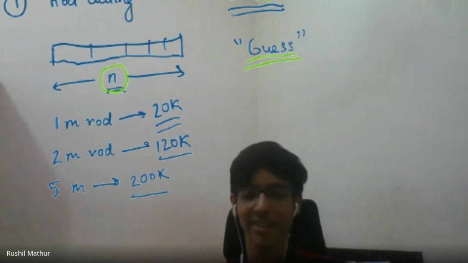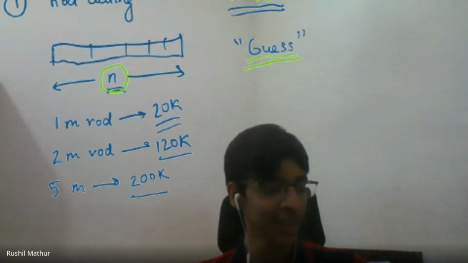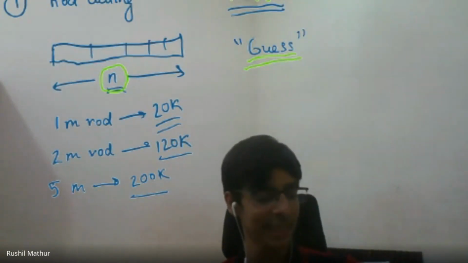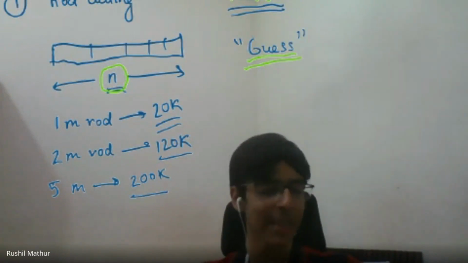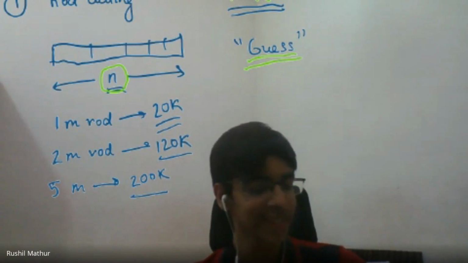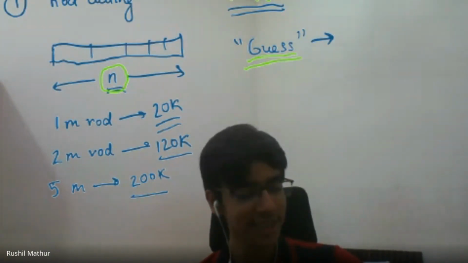Basically, what you are saying is rod of n will become n minus 1 plus the value of the nth, or n minus 2 plus the value of 2 or something. Okay, we'll see it. You're on the right track. So guess here basically means to guess where to cut the first time.